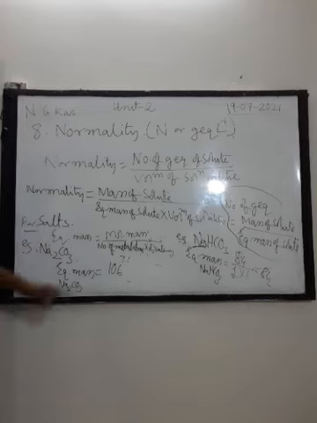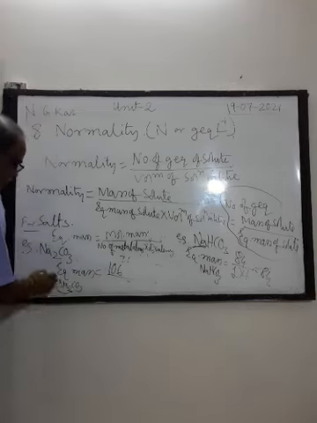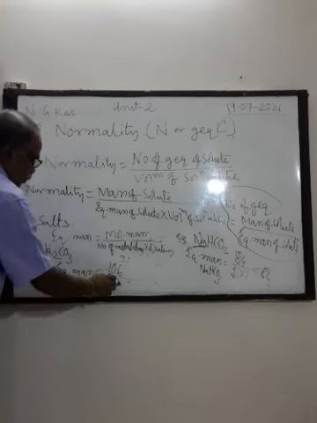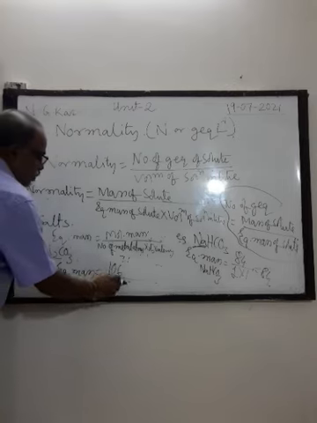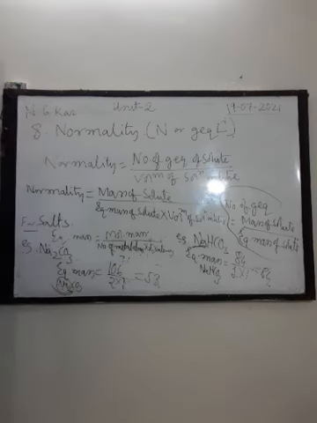So altogether 106. The number of metal atoms here is 2, and we know that the valency of sodium is 1. So 53 is the equivalent mass of sodium carbonate, which is a salt.